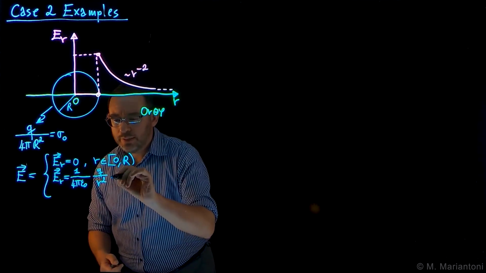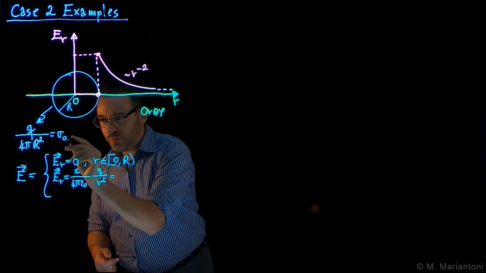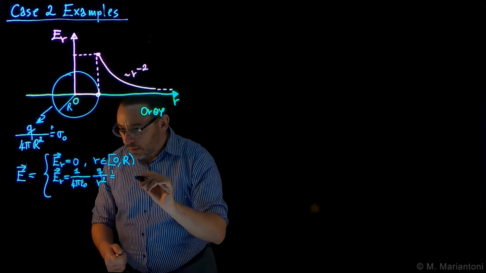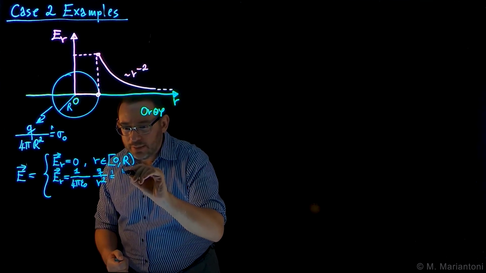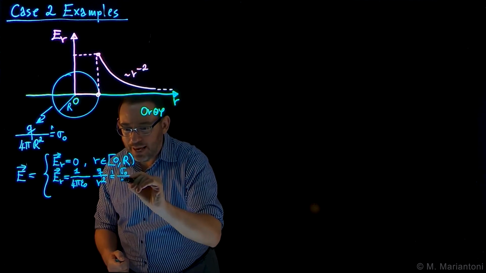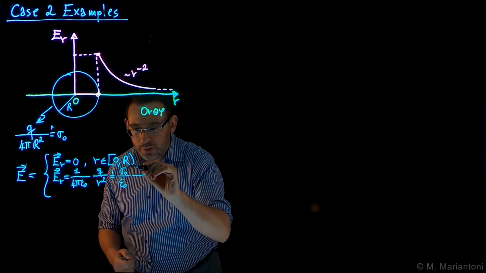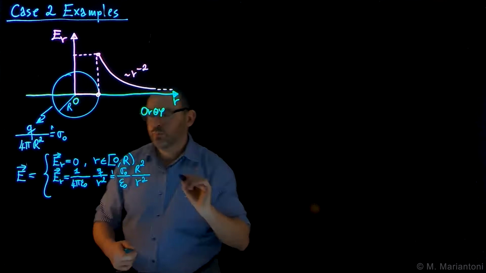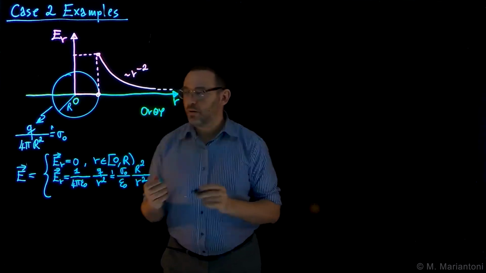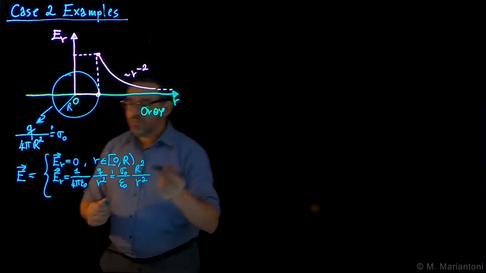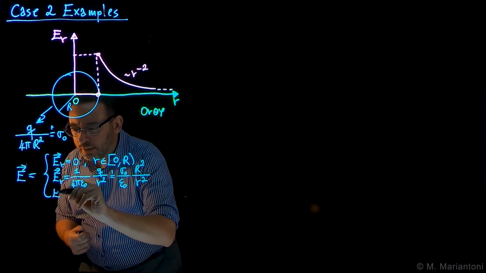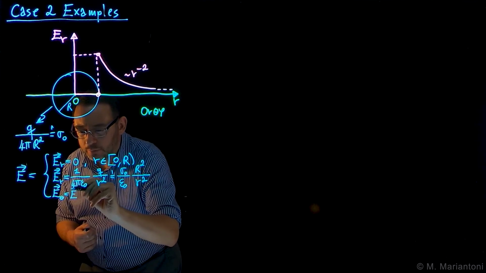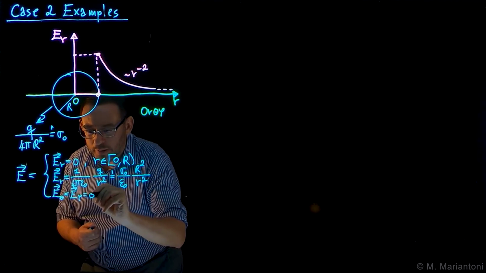All right, this can be rewritten in terms of sigma naught. So if I rewrite it in terms of sigma naught, I obtain sigma naught divided by epsilon naught times capital R squared divided by small r squared, where capital R squared is the radius squared of the shell. And finally, we know that E theta equals E phi equals 0.